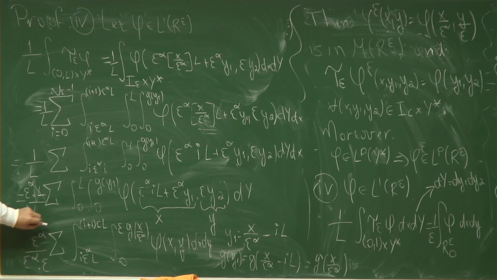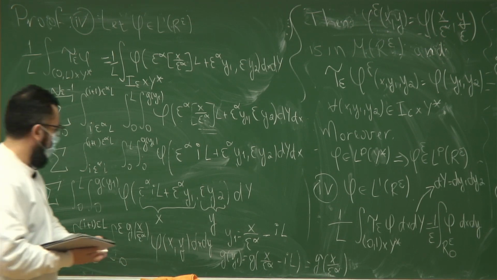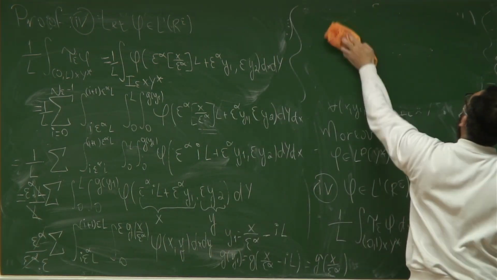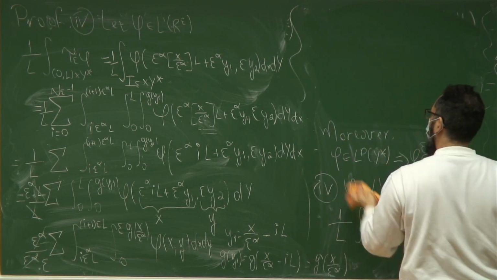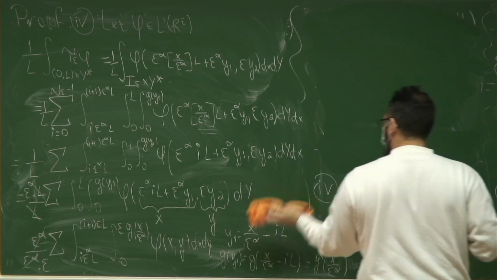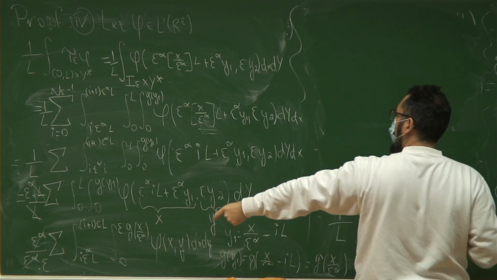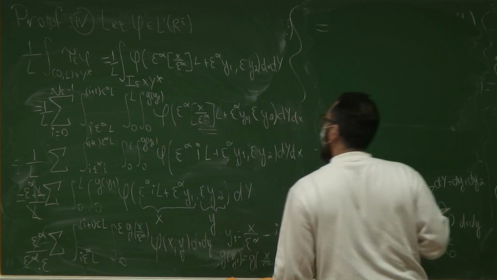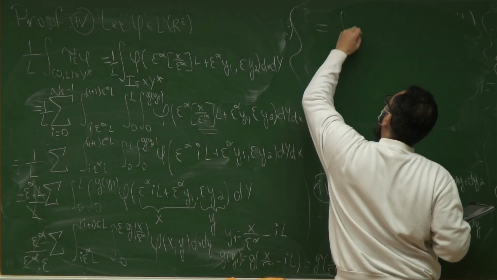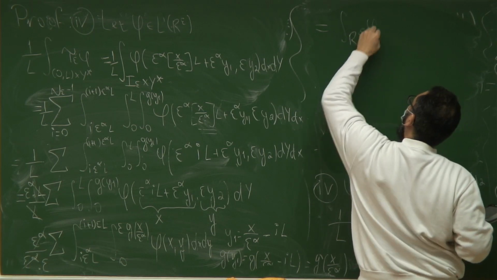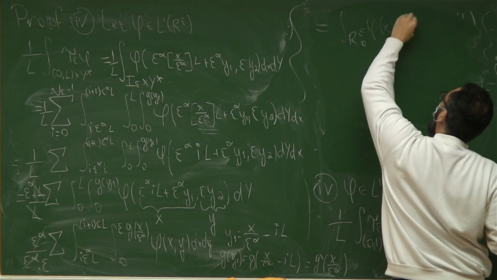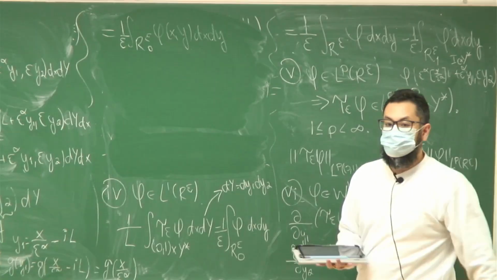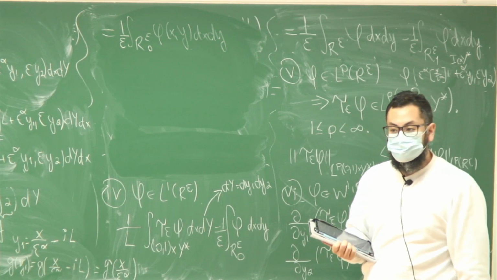Of course, these two things drop, and then we rewrite this summation here as the integral over R epsilon 0 or this. And this is the main property of the unfolding operator.